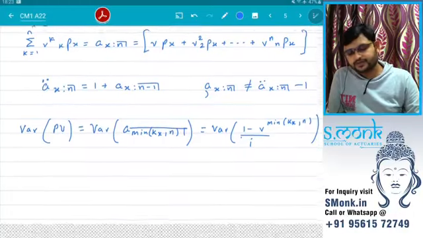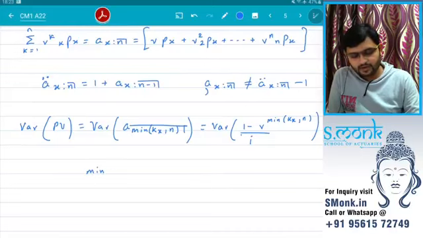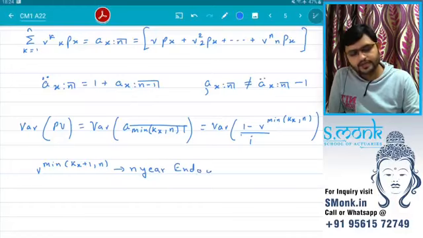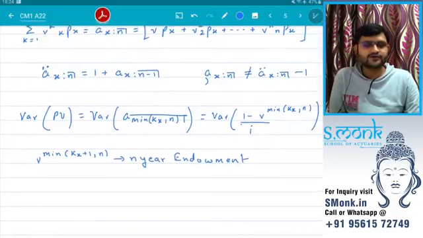Now remember yesterday what we did? We said v raised to minimum of kx plus 1 comma n was the n year endowment. Okay, this was nothing but present value for n year endowment. That is what we use to find the variance.